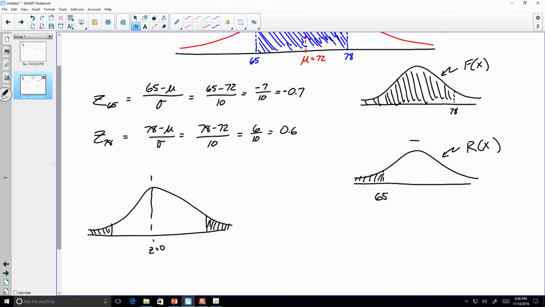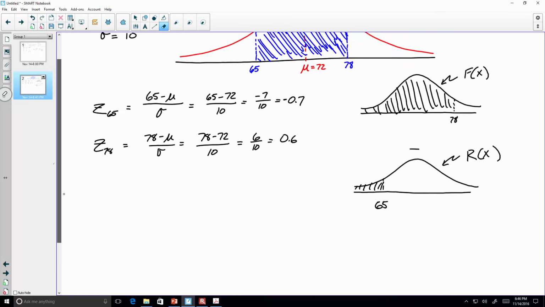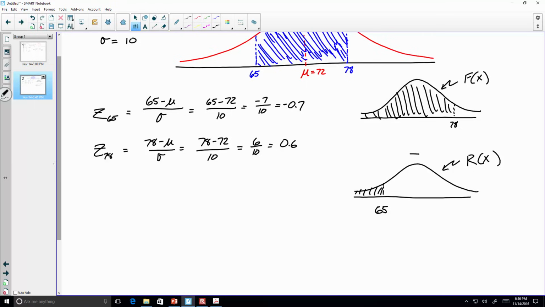Okay, so help me out with this. Let's start off with the top one. So areas. At a z-score of 0.6, what's f of x equal?